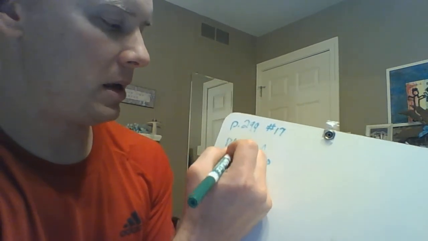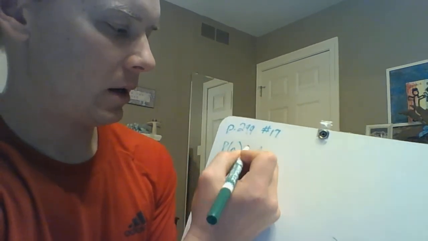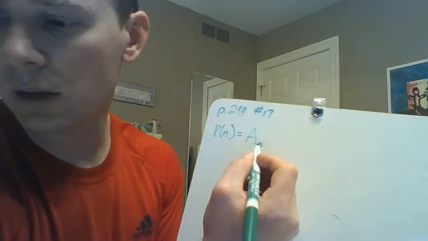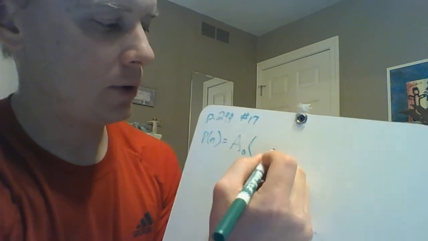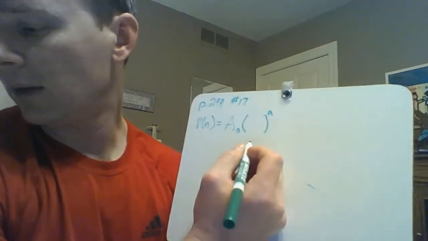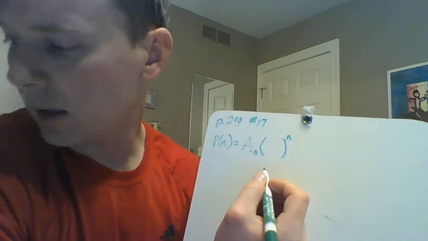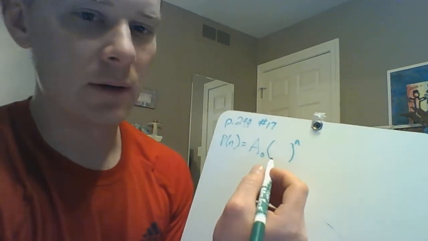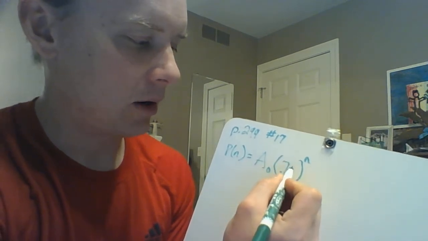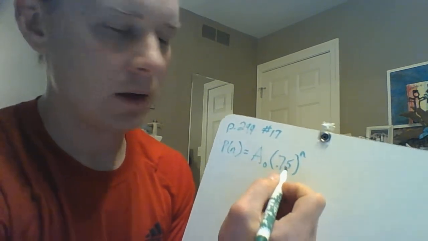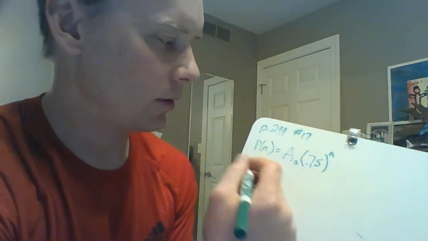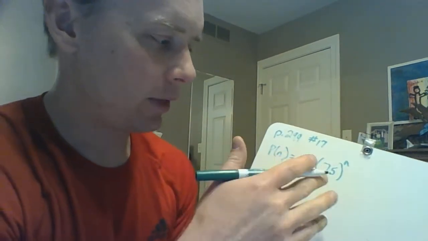I'm calling it P for pollution of n. N is the number of years. A sub 0 is our initial amount. And then what do we put in for our decay factor when they say it's reduced by 25% every year? Hopefully from yesterday we recognize that means our decay factor is 0.75, 1 minus 25%. There it is.